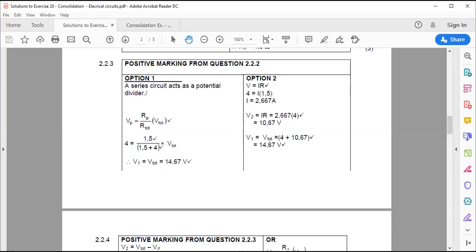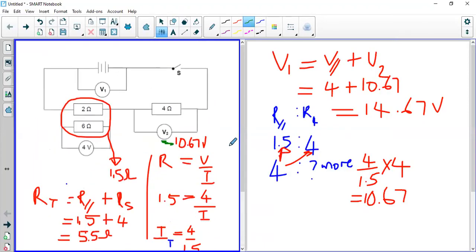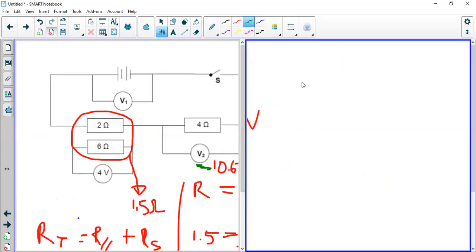Okay, let me write it down so that you understand what we're saying here. Let me go back to this slide here. Basically what they are saying is this. The total resistance of these resistors here, if we add the resistance here plus the resistance here, it's going to give us R total.